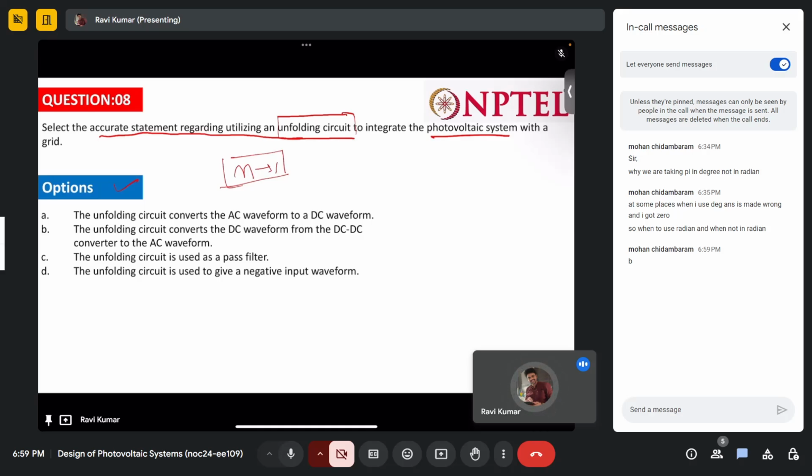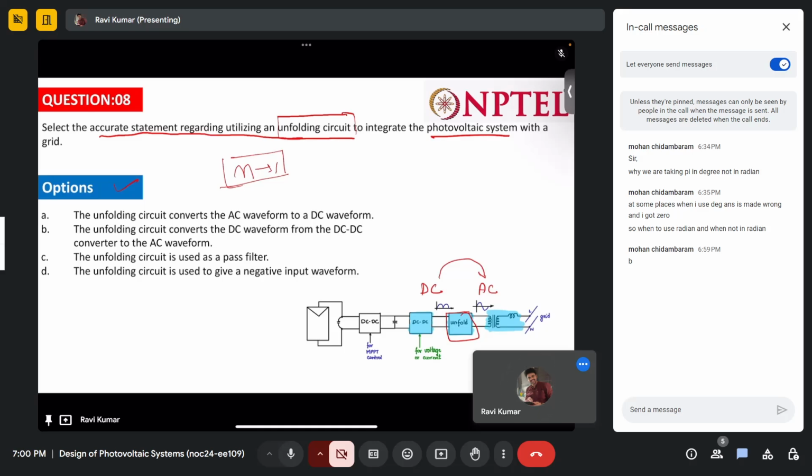Here you can see this is an unfold system. This is our DC component, this is our AC component. So it converts DC into AC. From the DC-DC converter, DC comes, and it converts into AC using this unfold system. And this is the correct answer.